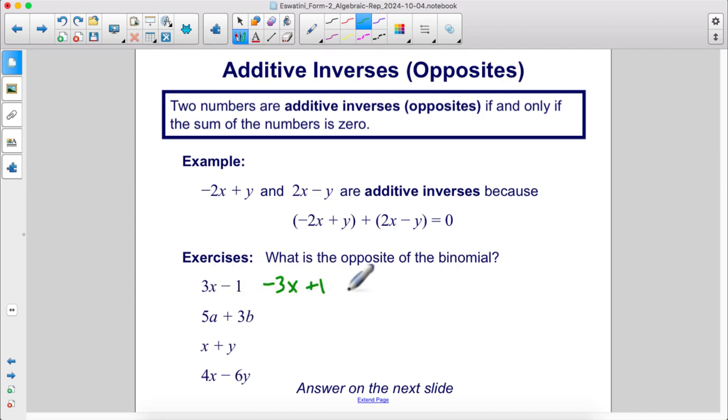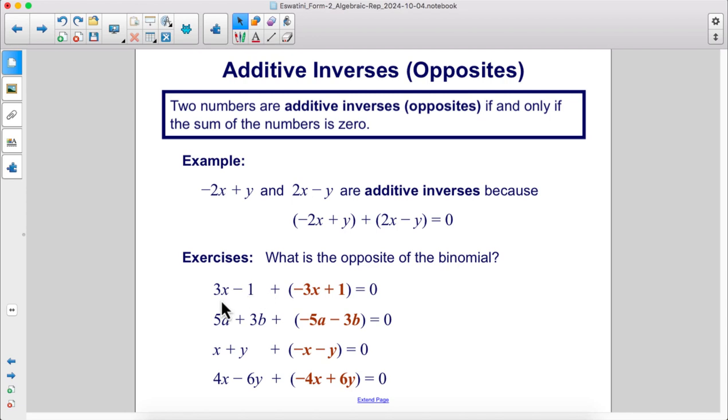So if you added those together, 3x minus 3x would give you 0. -1 plus 1 would give you 0. So this would be -5a minus 3b, -x minus y, and -4x plus 6y. Every time you add a binomial to its additive inverse, you end up with a sum of 0.